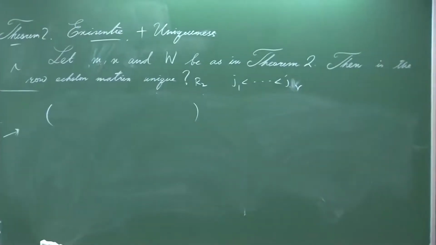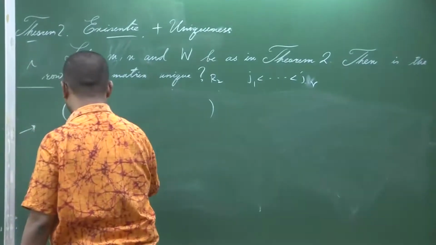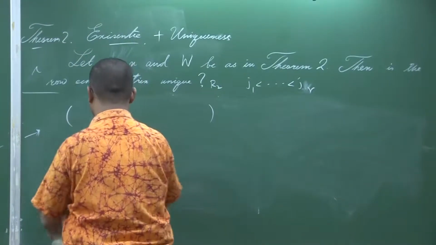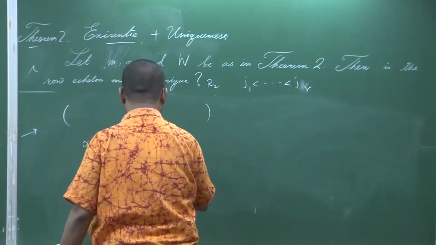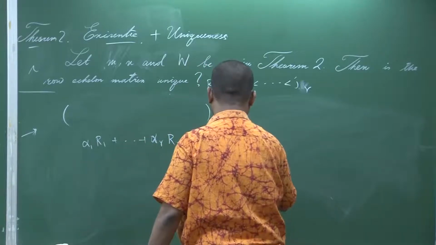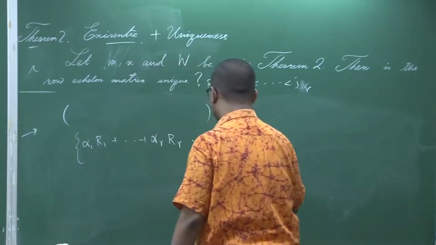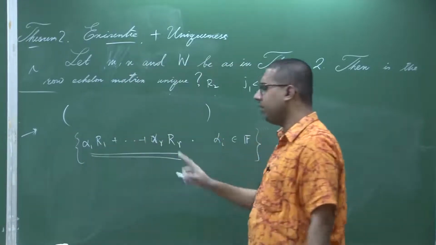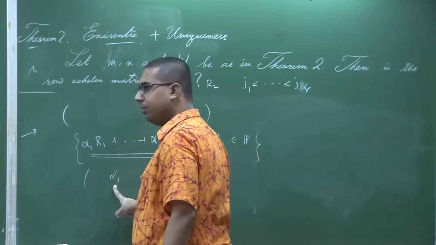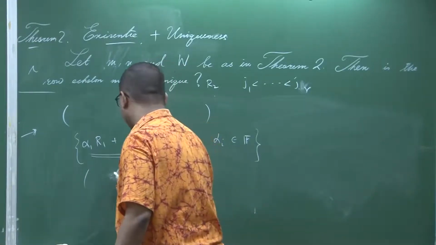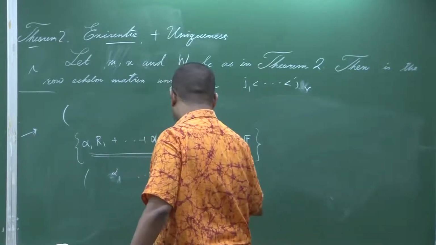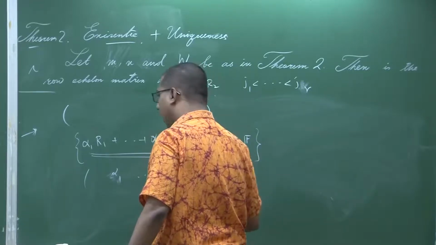Then a typical element will be alpha 1 R1 plus alpha 2 R2 plus up to alpha r Rr, where the alpha i are in F. For a typical element in the tuple, the k1 coordinate will be alpha 1, the k2 coordinate will be alpha 2, and the kr coordinate will be alpha r.